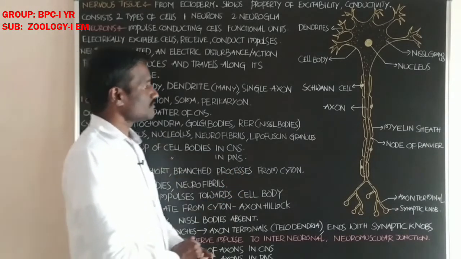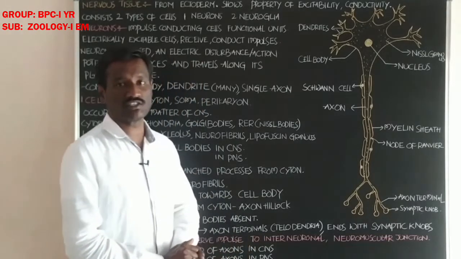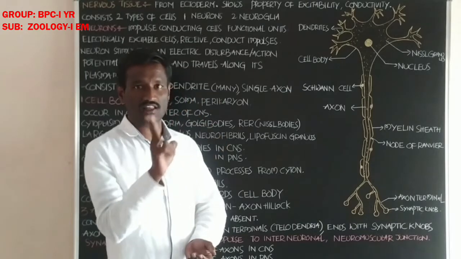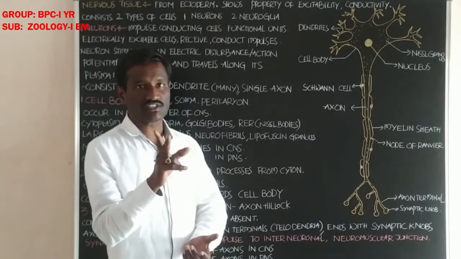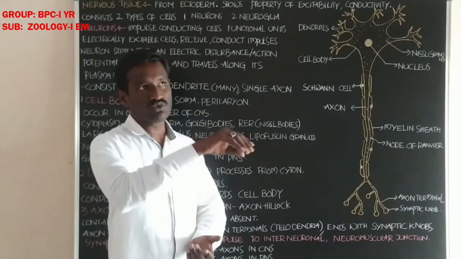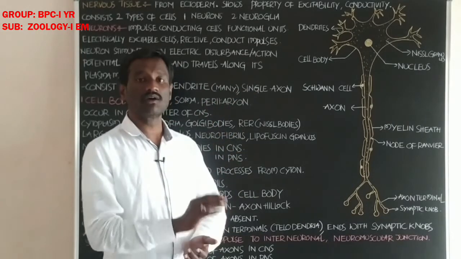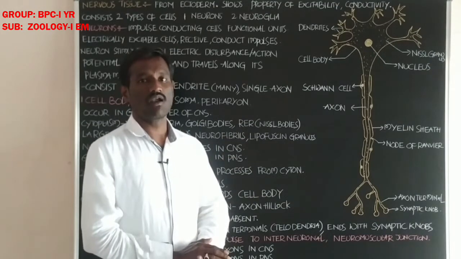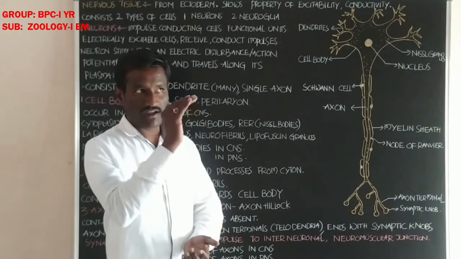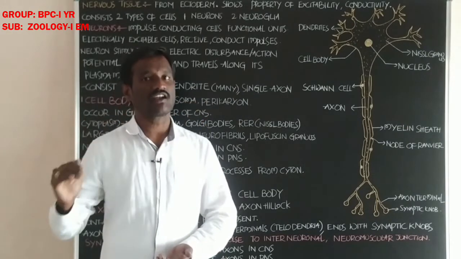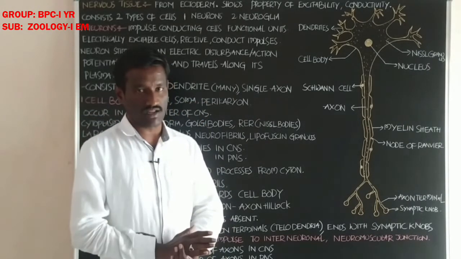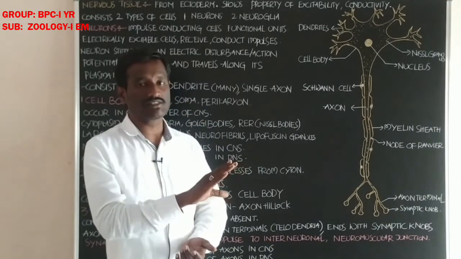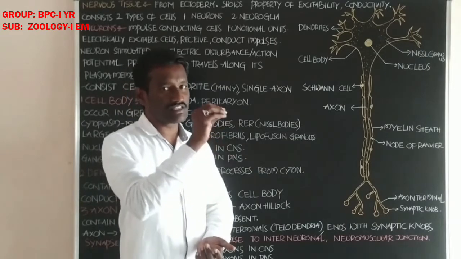Okay, student, what about the central nervous system and the peripheral nervous system? The central nervous system includes the brain and the spinal cord. The peripheral nervous system includes nerves from the brain, called cranial nerves, and nerves from the spinal cord, called spinal nerves. Spinal nerves connect with the internal organs in the body, and cranial nerves connect with the internal organs and sense organs.